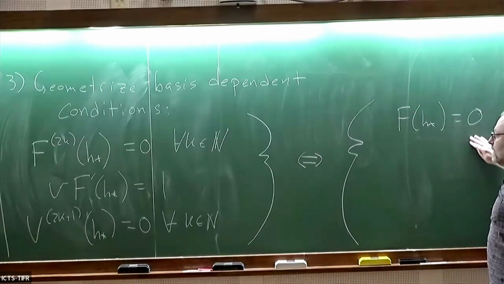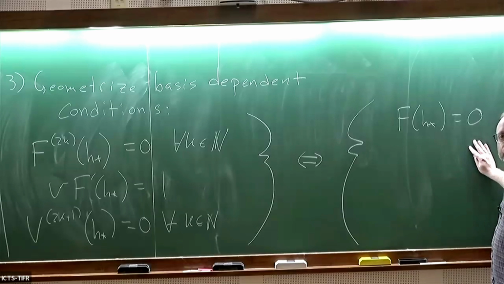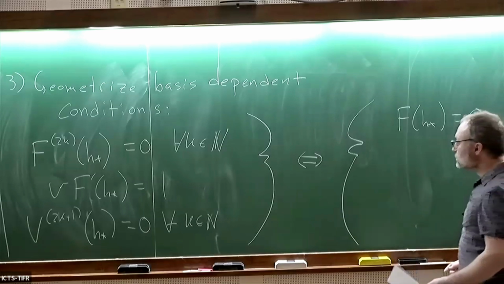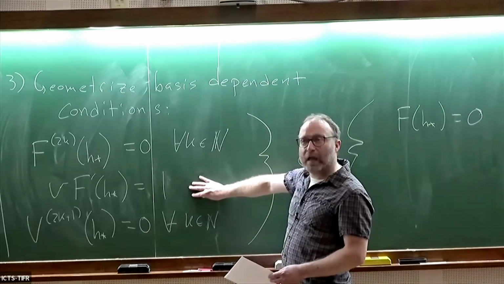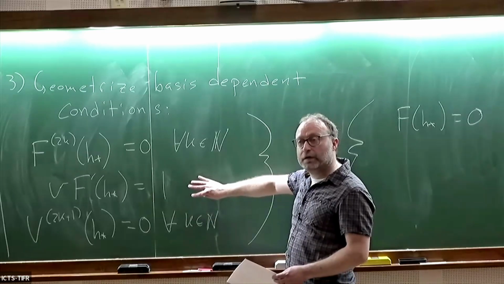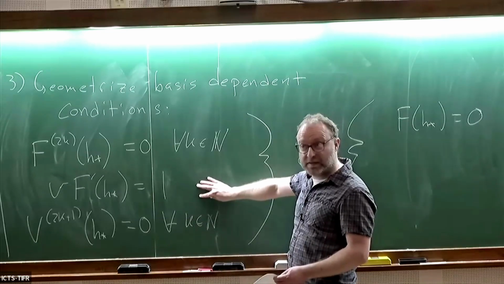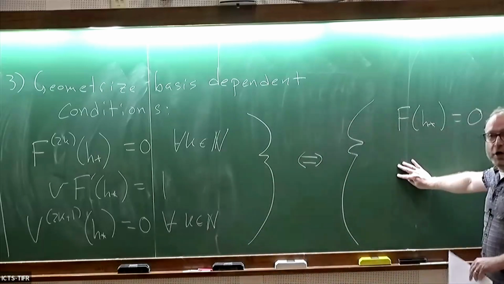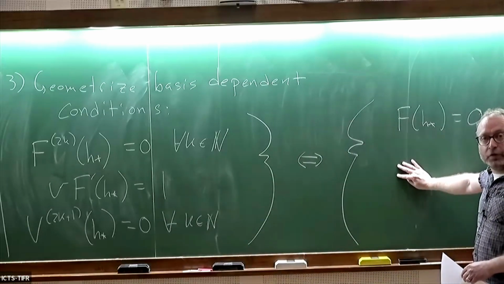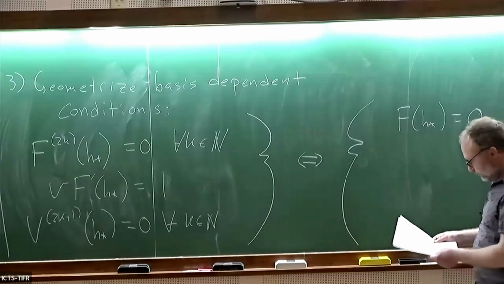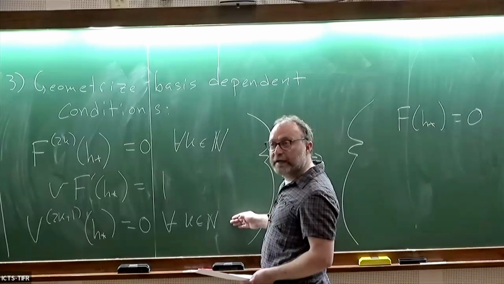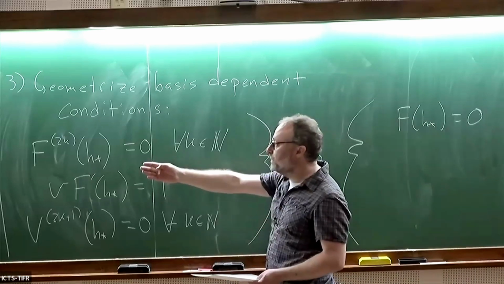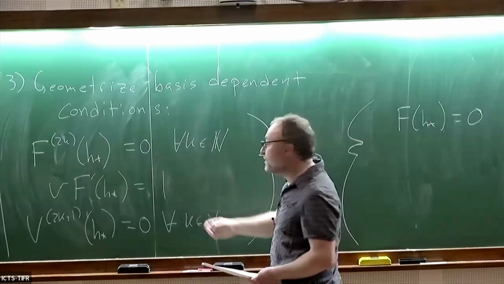So here I'm only allowed to ask questions of my field space manifold. In other words, if I were doing the argument in the other style, I would be analyzing the properties of a Lagrangian in this specific basis. But over here, all I know are properties of the field space manifold. So there are these two infinite sets of conditions: I need every term up to arbitrary order to be even or odd.